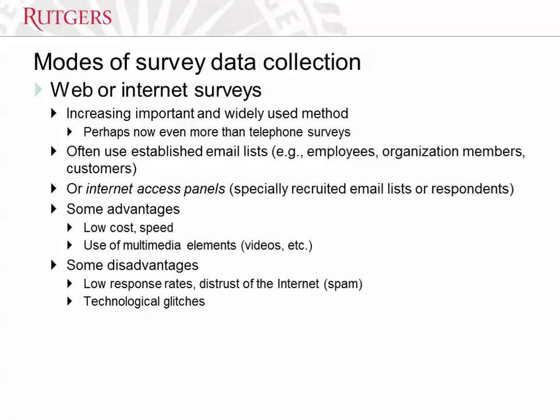Essentially, you get them to sign up and give their email address in order to later recruit them for online research. And this has become a big industry. There are companies out there that specialize in recruiting a broad panel of people, gathering their email addresses, verifying their identities, that sort of thing, and then making these panels of people available for research.